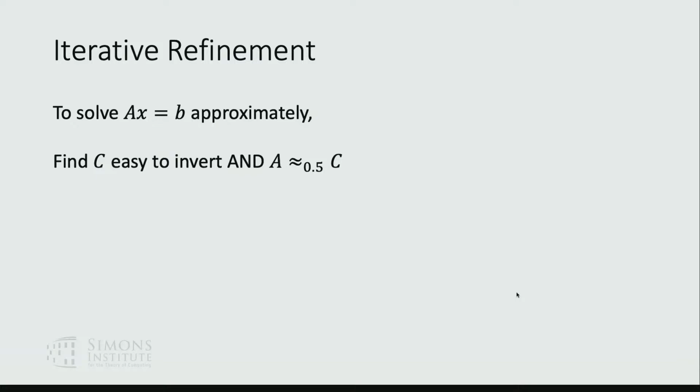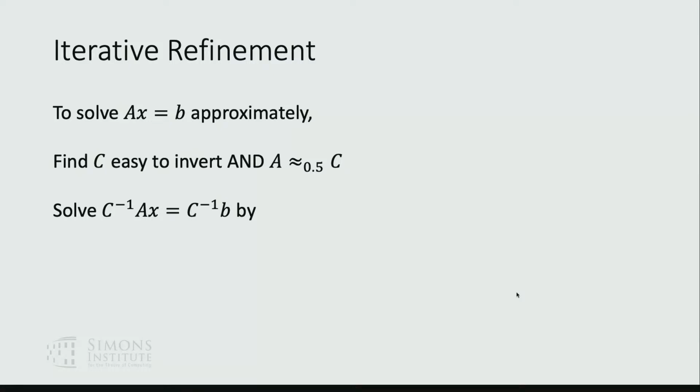One, it approximates my original matrix, and two, it's easy to invert. I'm not saying there always exists one, but if you could come up with one that approximates my matrix and is easy to invert, then I would solve a different linear system where I multiply both sides by C inverse.